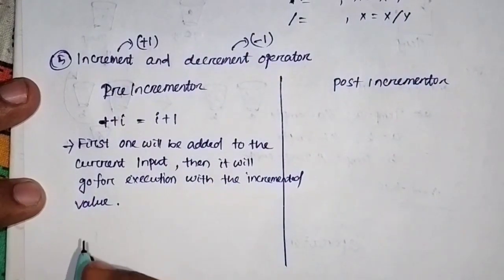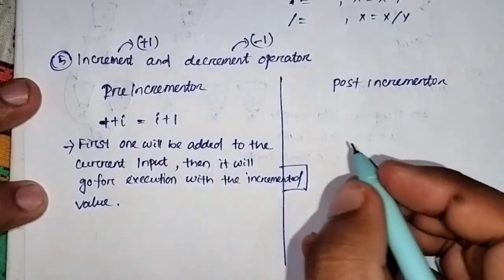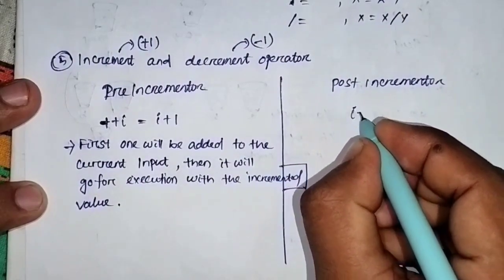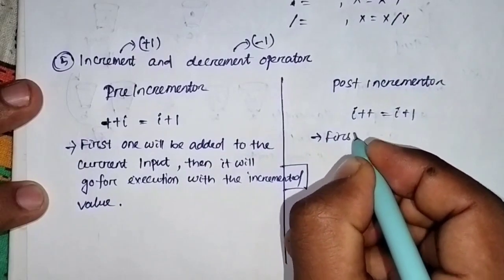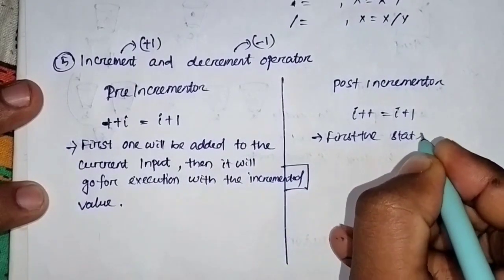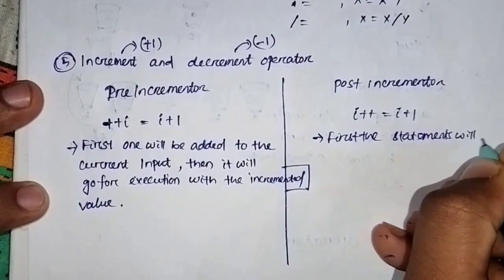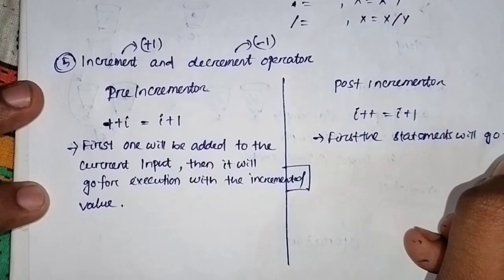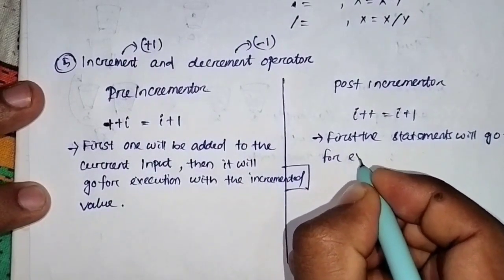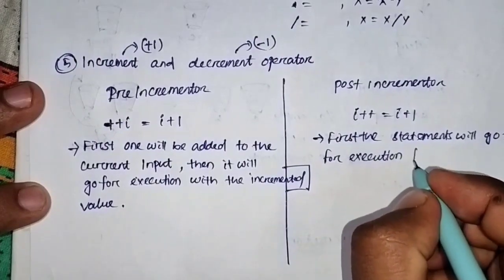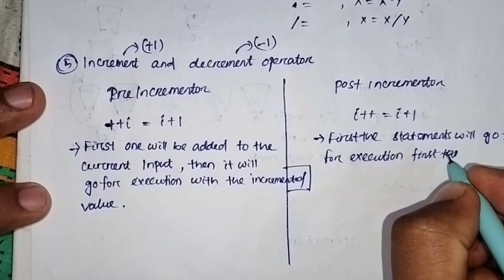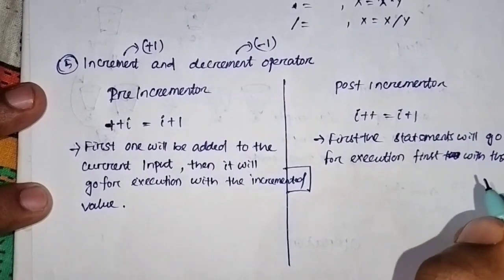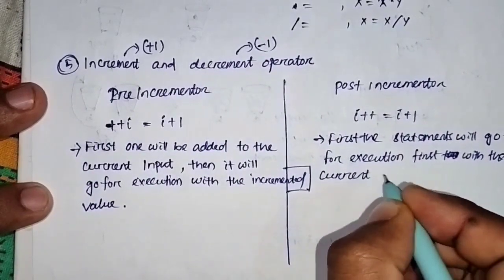In post-increment, the plus symbol is added after the variable name. It means +1 is added to the variable. First, the statement will go for execution with the current value, then the variable is incremented by 1, which will be shown in the next execution.